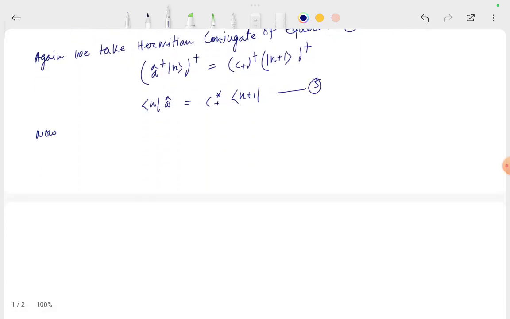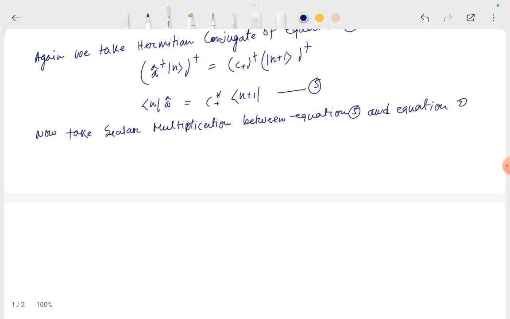Now take the complex scalar multiplication between equation 5 and equation 2.